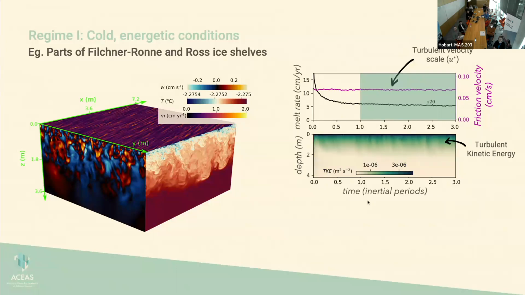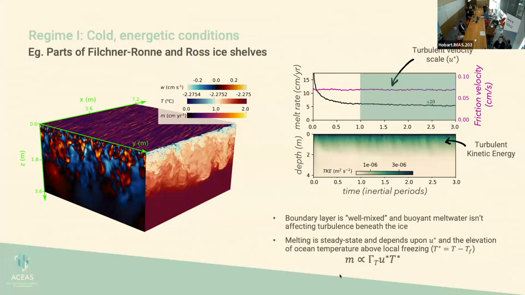If we look at the turbulence, this field is the turbulent kinetic energy. We see that that's nice and steady over time as well. So overall we find that this boundary layer region is well mixed. And even though we're adding this buoyant meltwater at the surface, it's not really affecting the turbulence beneath the ice.